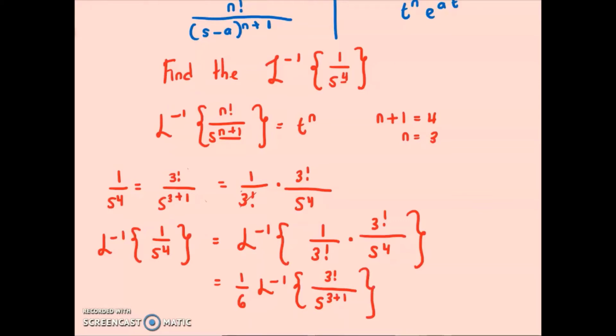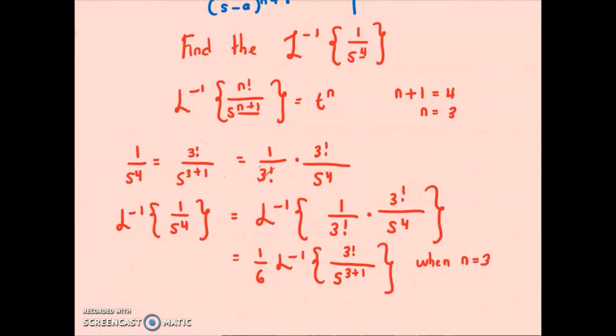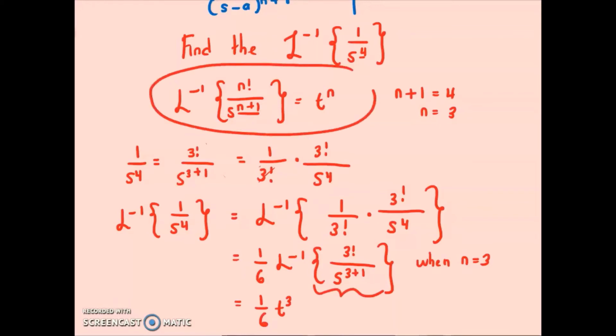By the definition, when n is 3, you have t to the power of 3. So my solution is 1 over 6 t to the power 3, because this one comes from here. Okay, so this is the inverse transform of 1 over s to the power 4.